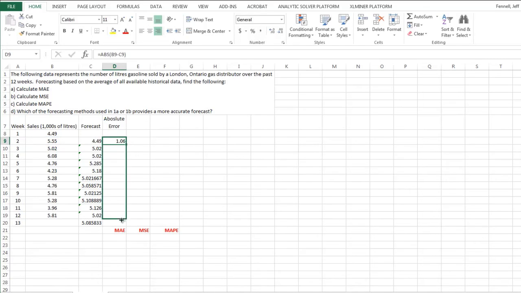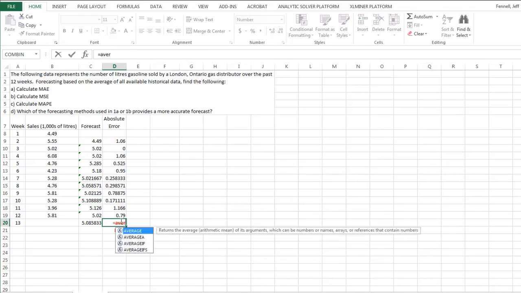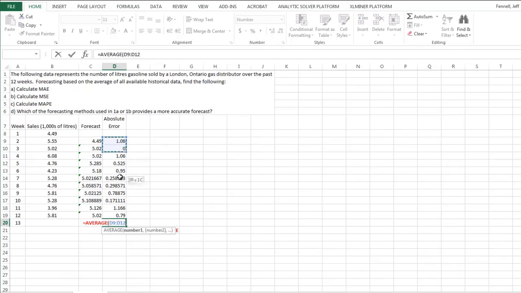Copying and pasting that down all the way to period 12, and again we can't do it for period 13 because we don't have actual sales for period 13. Finalizing it by calculating the average of all those absolute errors, and to two decimal places, we get MAE of 0.64.